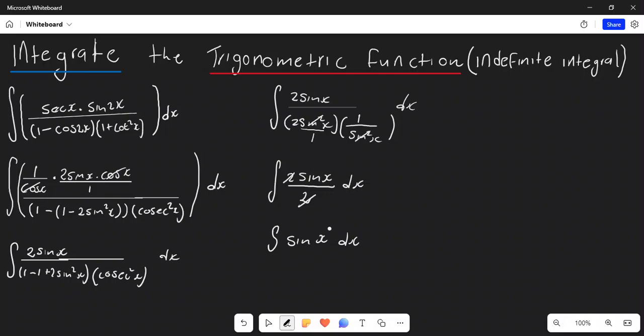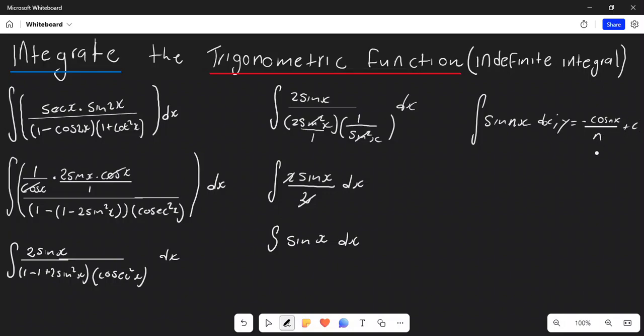And from here, it's time for us to find the integral of sine x. So the formula here is very simple. The integral of sine x dx is going to be y equals negative cos x divided by n plus c.